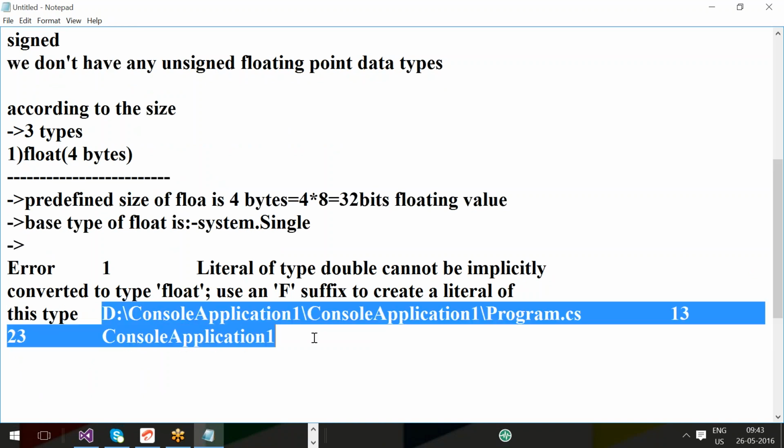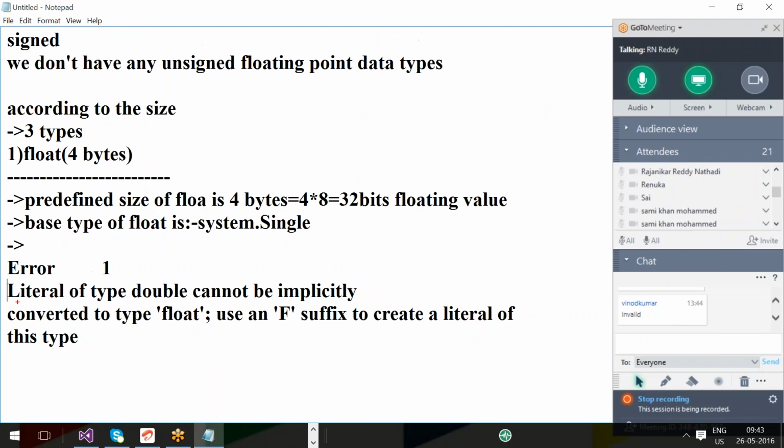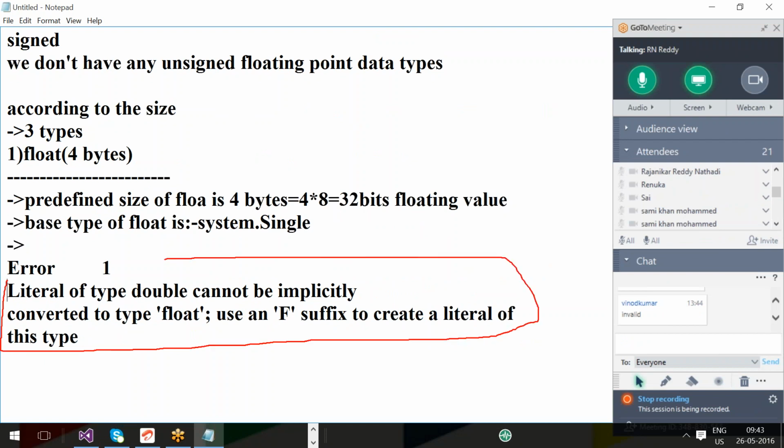Now you see literal of type error message. You read the error message now. Literal of type double cannot be implicitly.